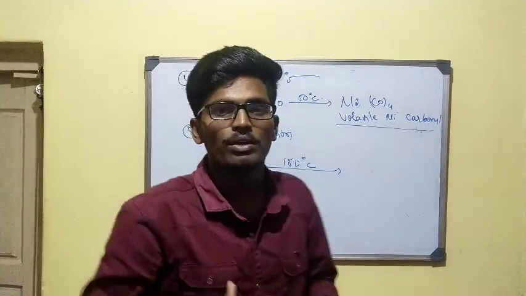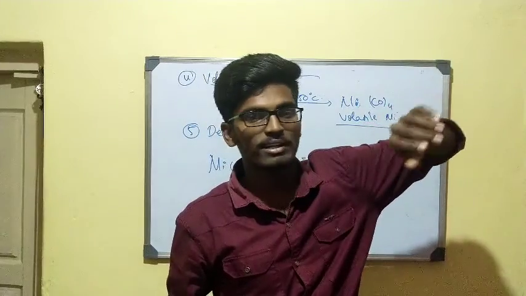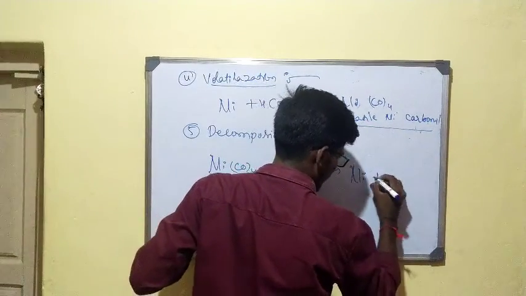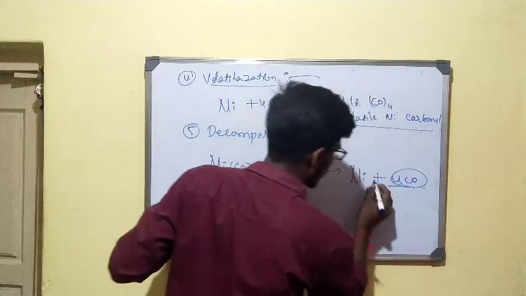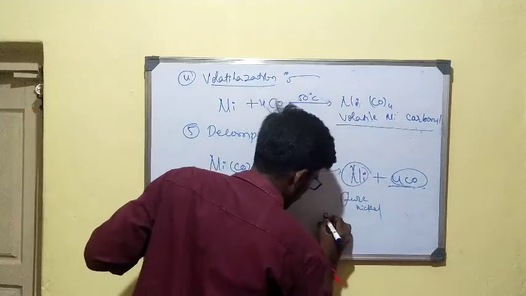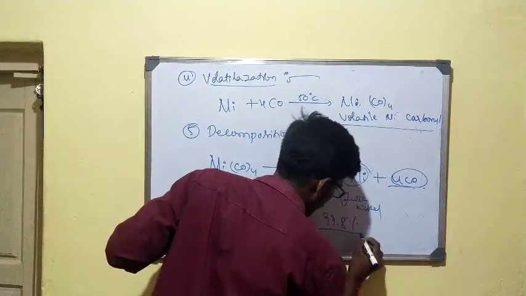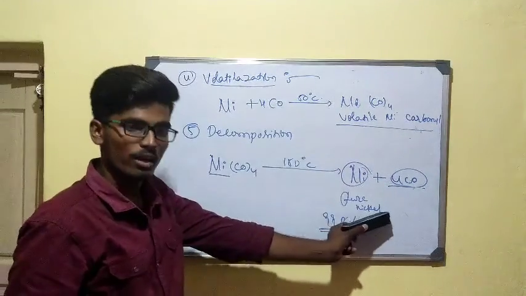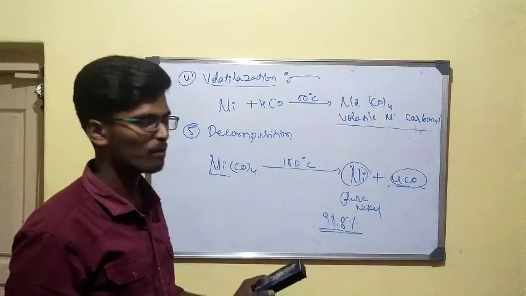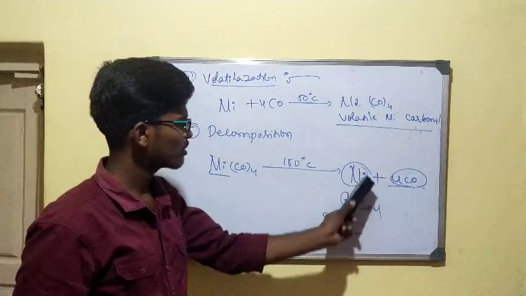The volatile impurities get evaporated and pure nickel gets deposited. This is pure nickel, about 99.8%. After decomposition, you will get about 99.8% pure nickel through Mond's process.